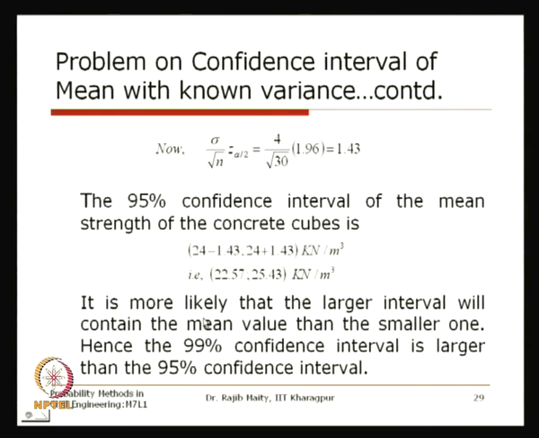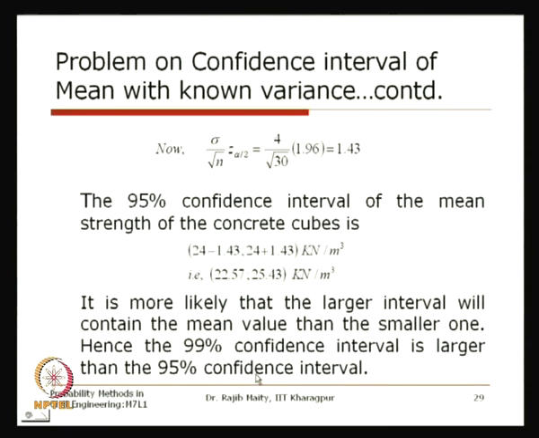So you can see that the 99% confidence interval is wider, because it is more likely that the larger interval will contain the mean value than the smaller one. Hence the 99% confidence interval is larger as compared to the 95% confidence interval.